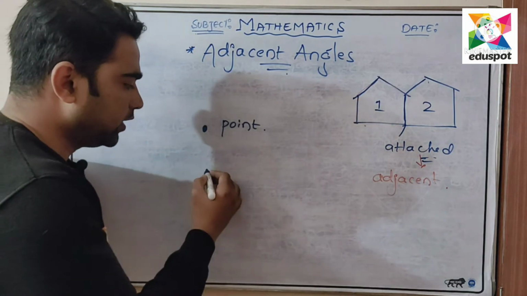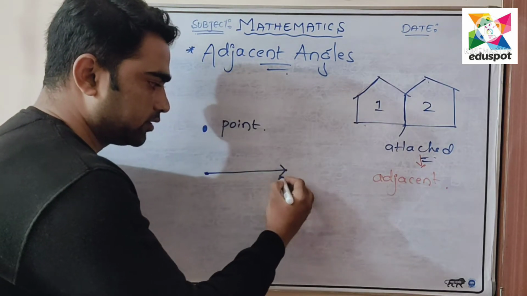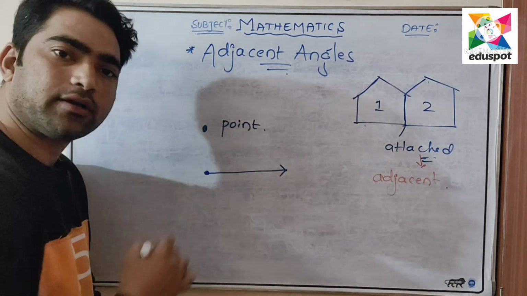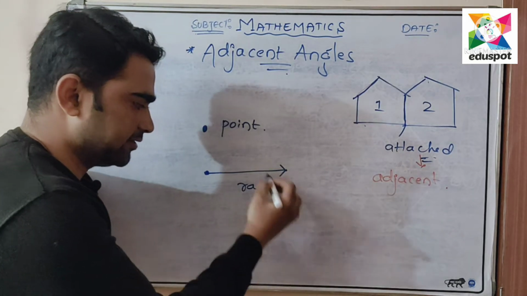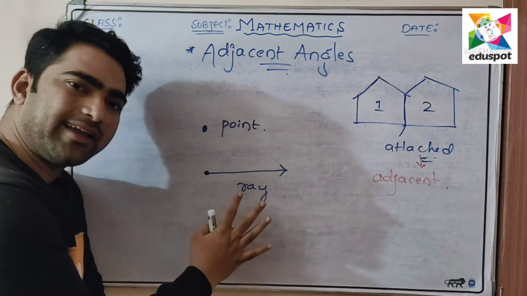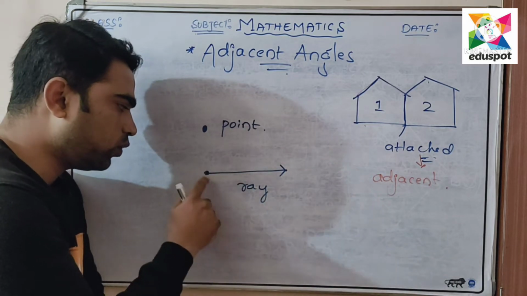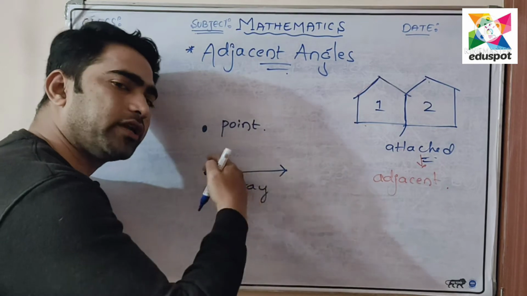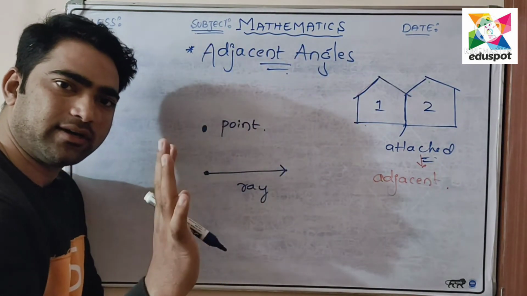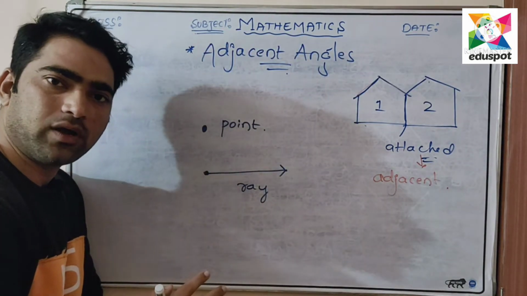A ray is a part of a line which has only one end point. Only one end point, and the other direction you can extend infinitely.